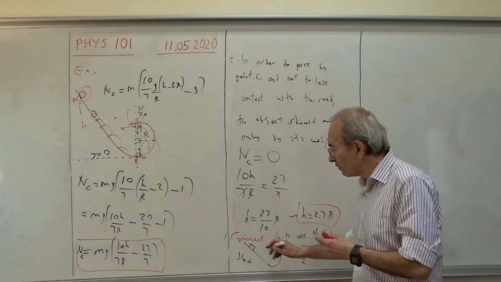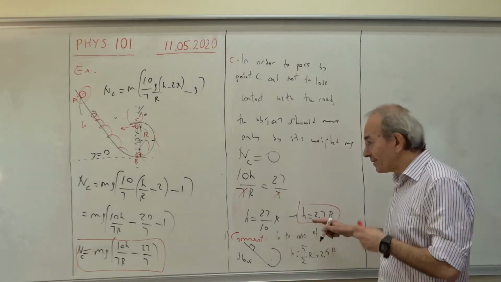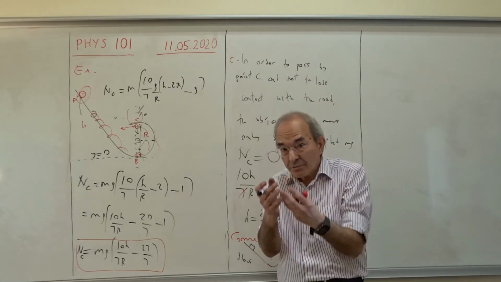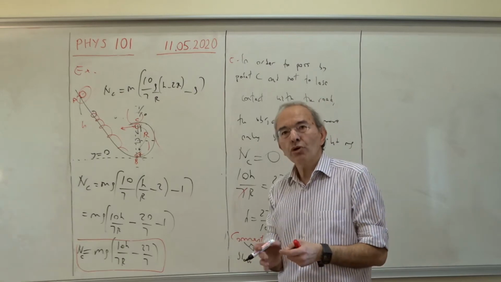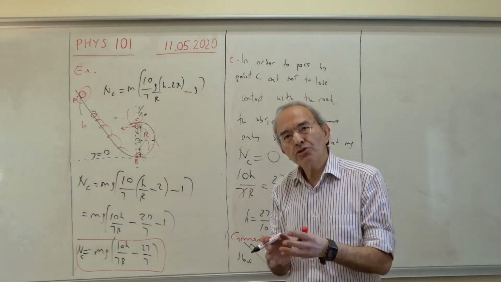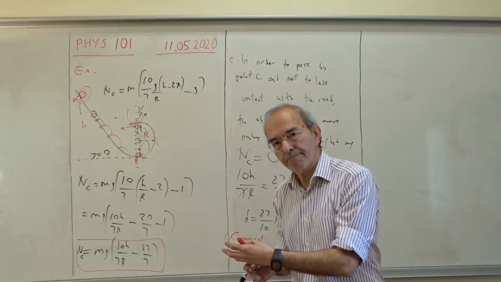But this time we don't have a sliding block, we have something which is rolling down. So h has to be a bit higher. It is expected to be a bit higher than the previous h because it has to give some part of the energy to the rotation part.